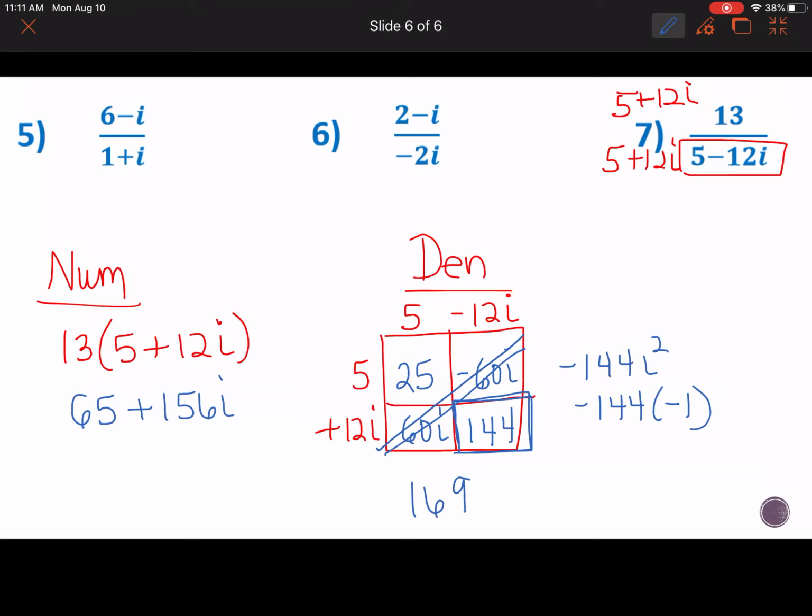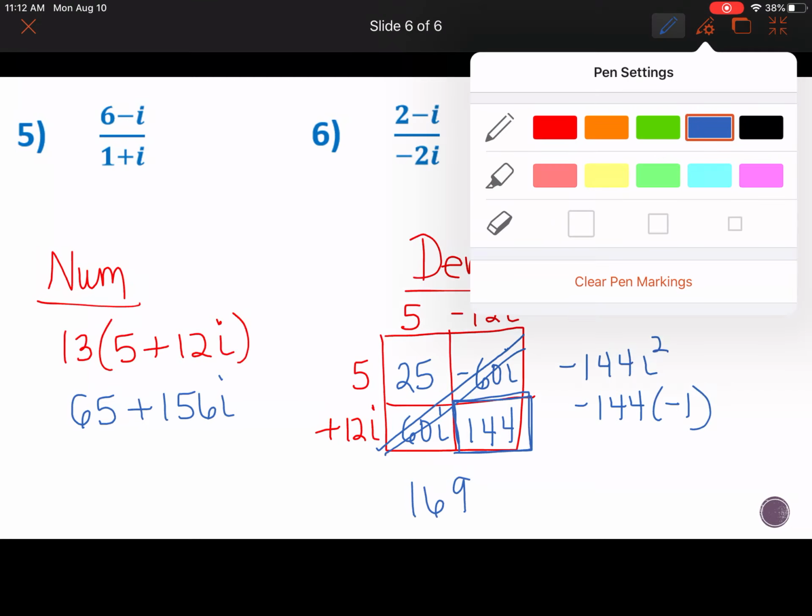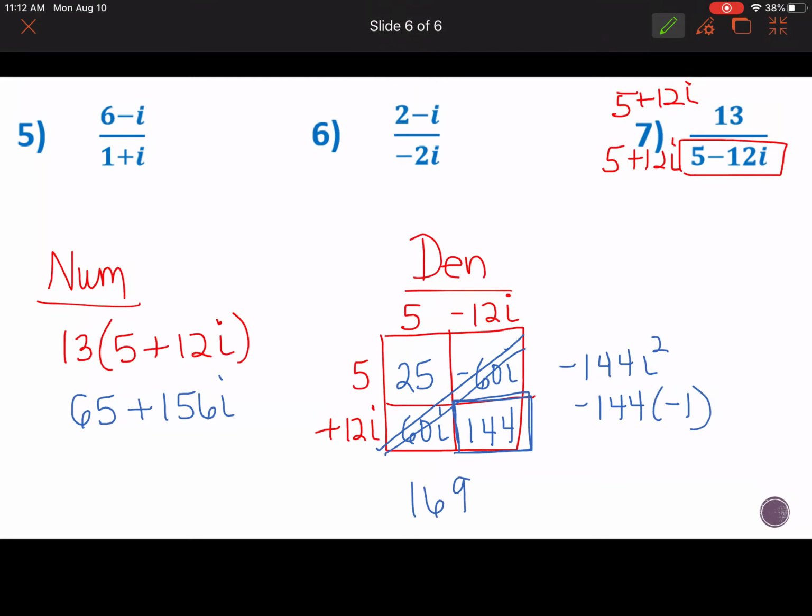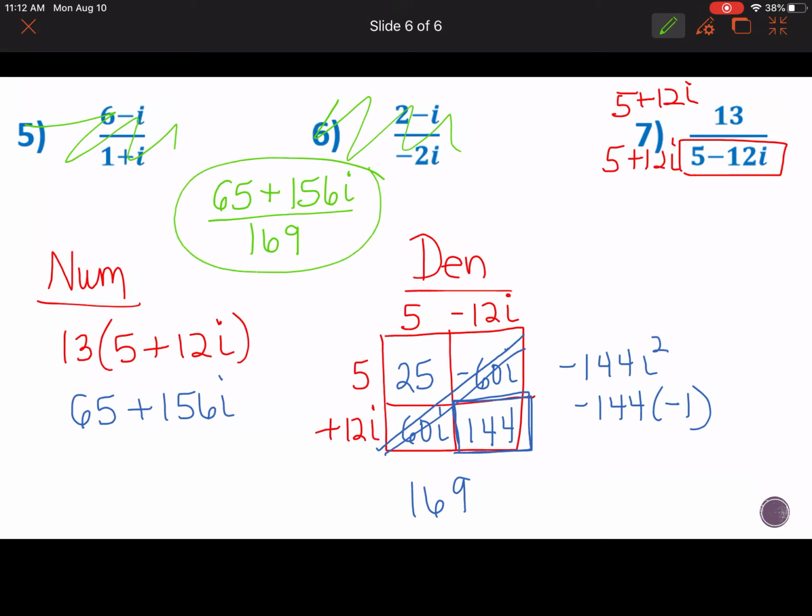So our answer, and I'm going to write that in green, and again I'm doing number 7, has a numerator of 65 plus 156i all over 169. However, for those of you planning to take any type of math in college, you will be expected to reduce this final answer.